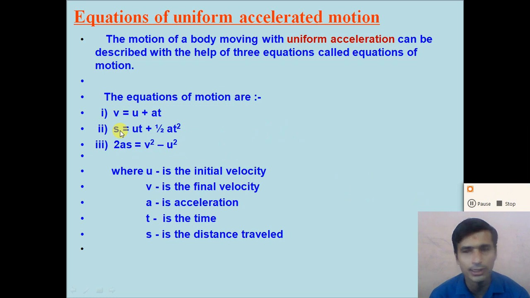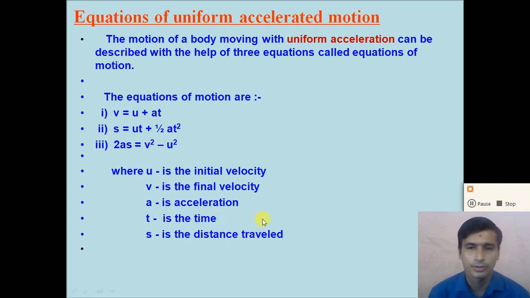Second equation gives us the distance time relation, and third equation gives us the distance velocity relation, where u is the initial velocity of the object, v is the final velocity of the object, a is constant acceleration, t is time, and s is the distance traveled by the object in a time interval t.